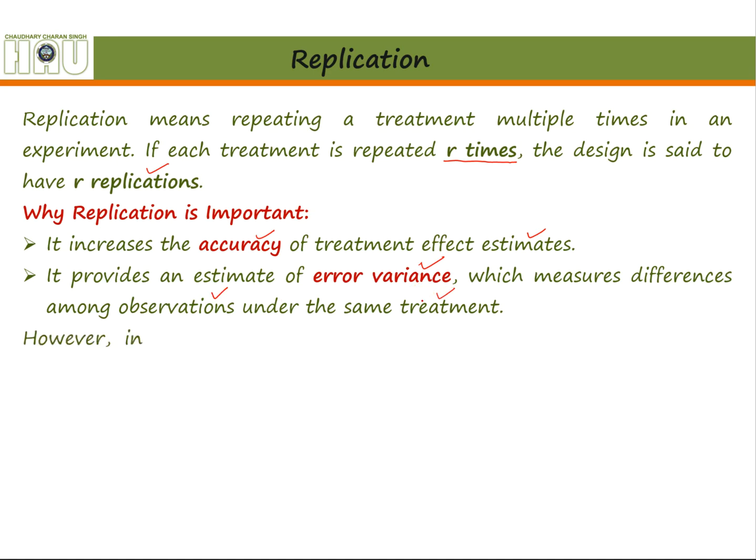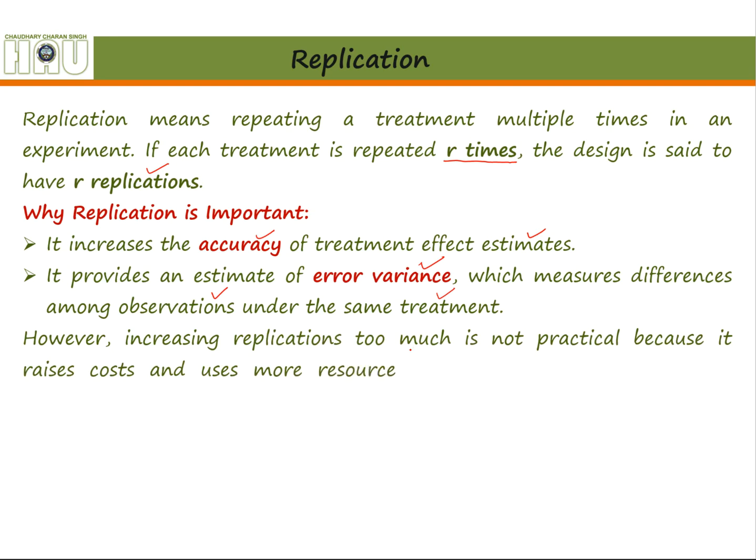So, increasing replication too much is not practical. Now you can ask, we will repeat the experiment say 20 times. It is not practical because if you increase the number of replications, it also increases the cost of experimentation and it requires more resources.